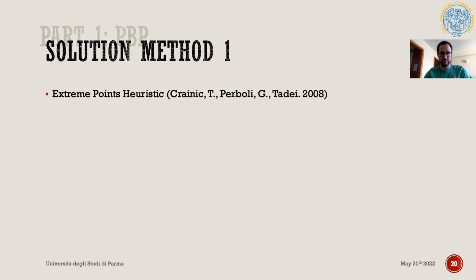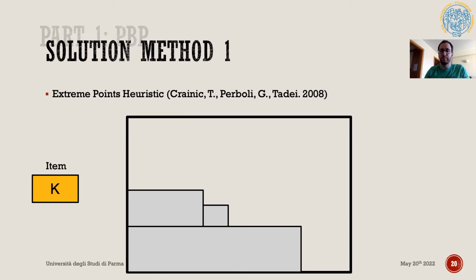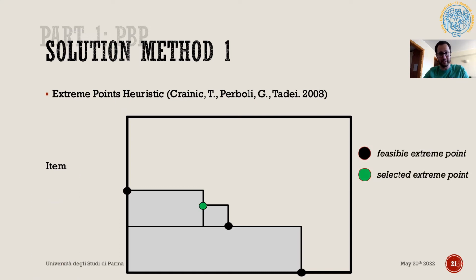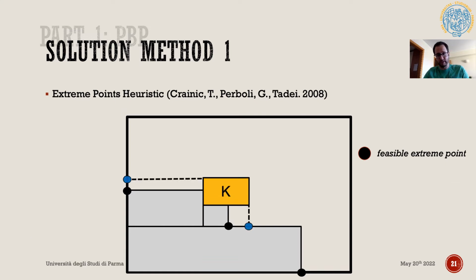In detail, first, the extreme point heuristic. Given an item k and a partial solution, we should pack k. To do that, we use one of the feasible points called extreme points. So I select one of them and place the item there. Then I remove this point and new extreme points show up.